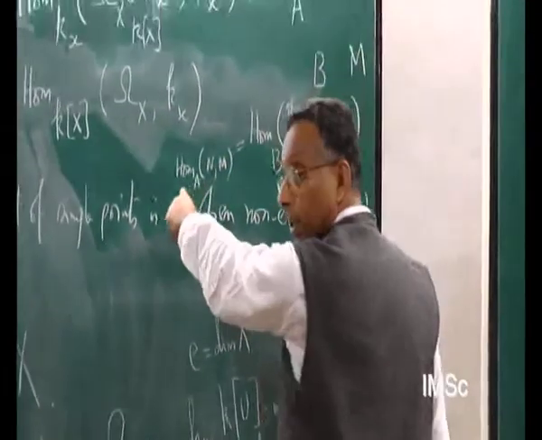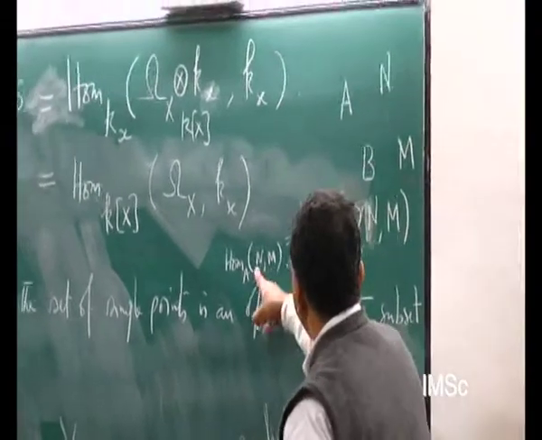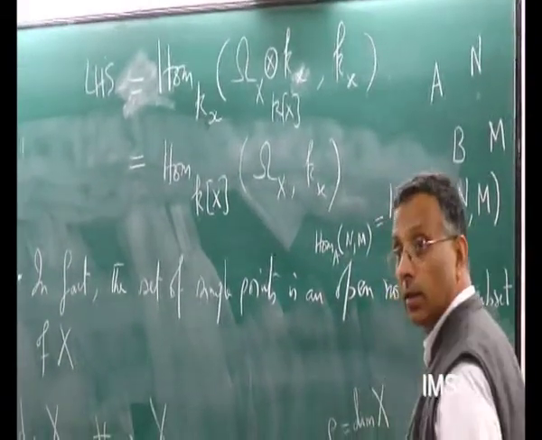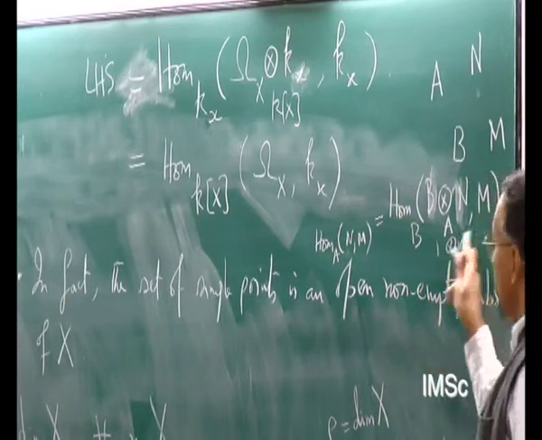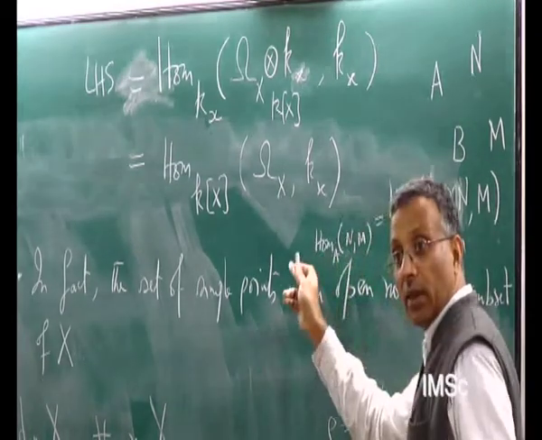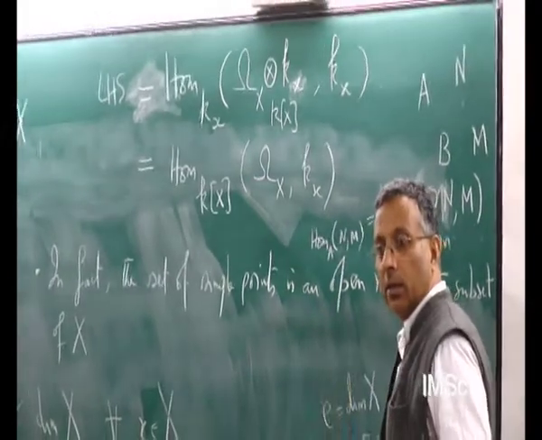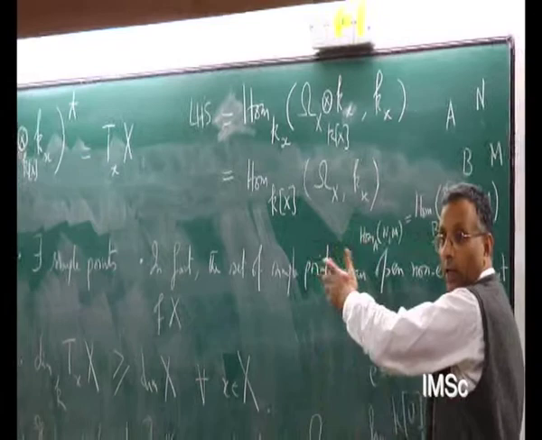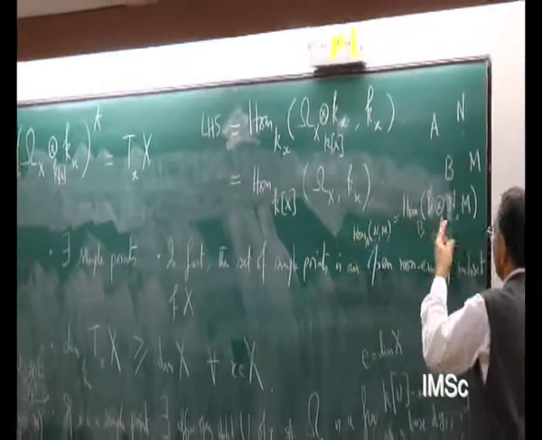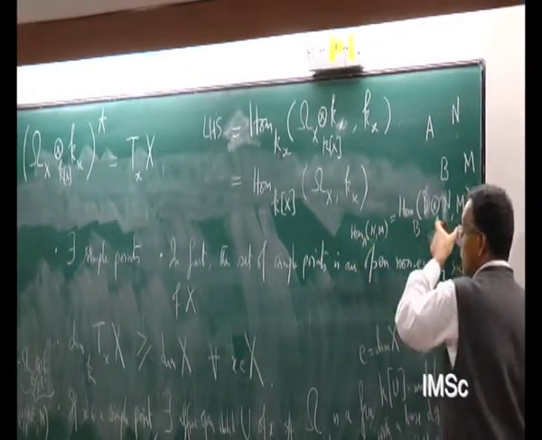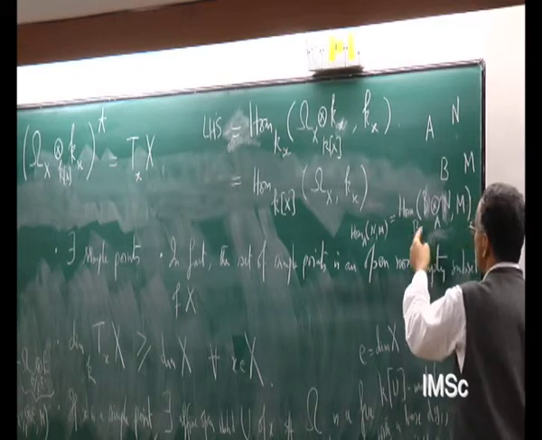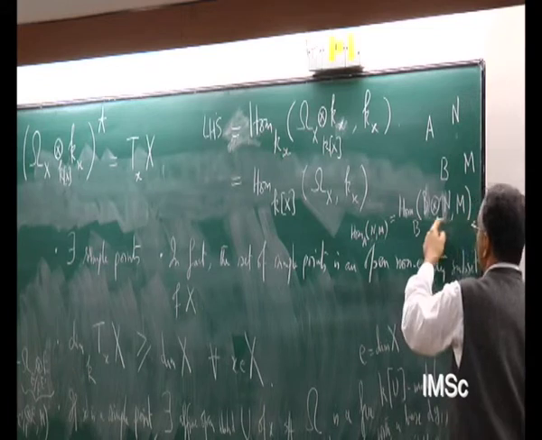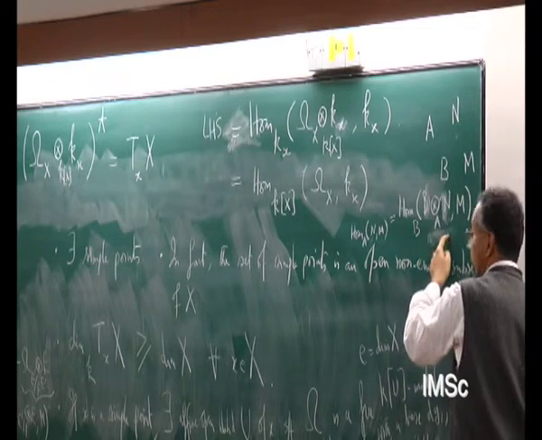How do I get this map? Where do I send N? I look at one tensor N, look at its image here, and so there is a map this way. Maybe I'm not saying it very well, but intuitively it's clear why this is sitting inside this. To get something here from here, you just take one tensor and look at where it goes.